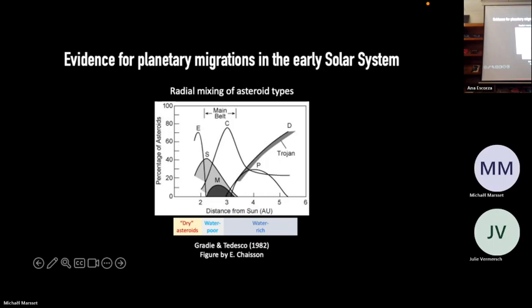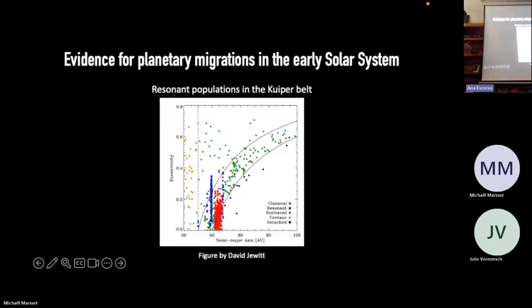If we go to the outer solar system, to the Kuiper belt, there's also very strong indication for Neptune migrating outward. As I told you, the Kuiper belt is made of two main populations: the cold disk, which is a relic of the early protoplanetary disk, and those are these red objects. This plot shows orbital eccentricity as a function of semi-major axis. You have this cold population that is weakly interacting or not interacting with Neptune, and then you have the objects that strongly interact with Neptune, the scattered disk.